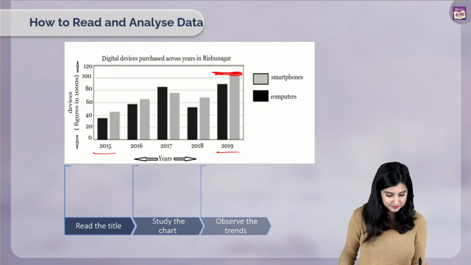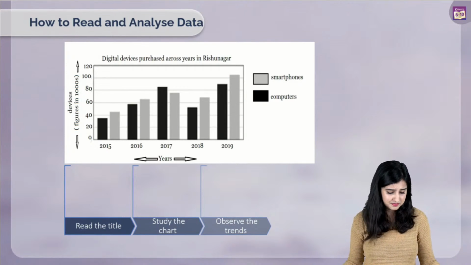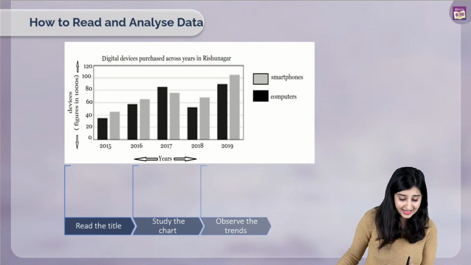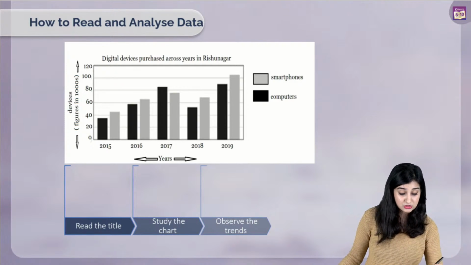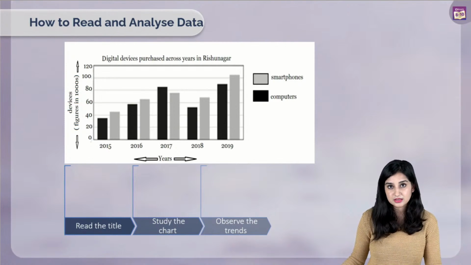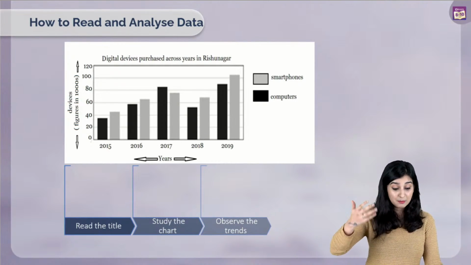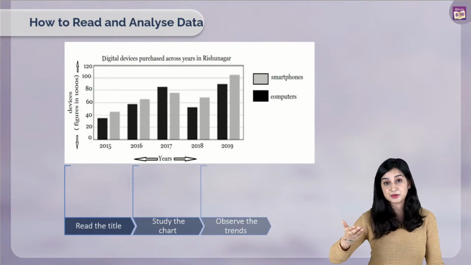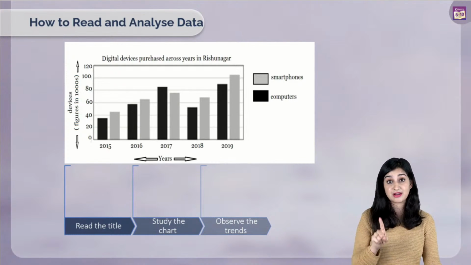Okay, so that is one trend that we noticed. What else? So we noticed that in most years, the black bar, which is computers, is lower than the gray bar, correct? Which means that the number of computers that were purchased were lower than the number of smartphones that were purchased. But there is one year that did not see this trend.